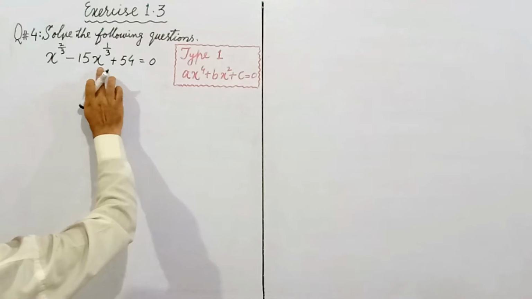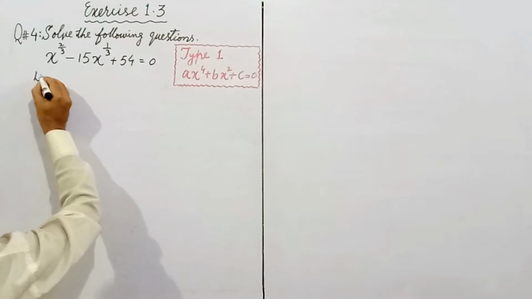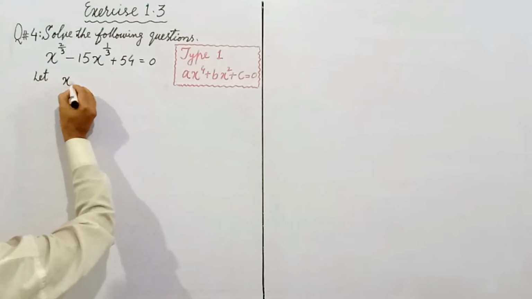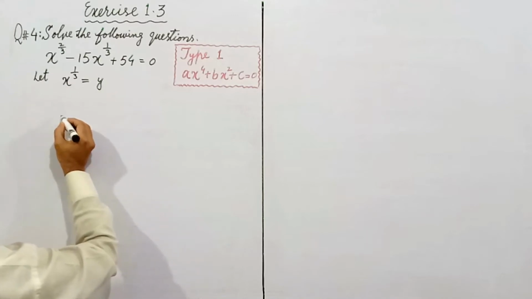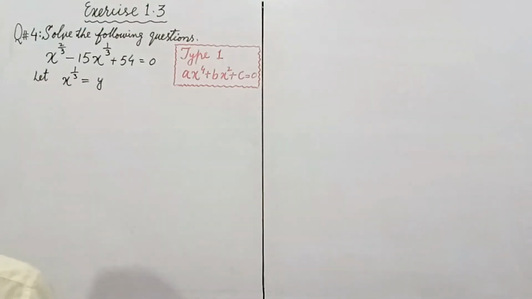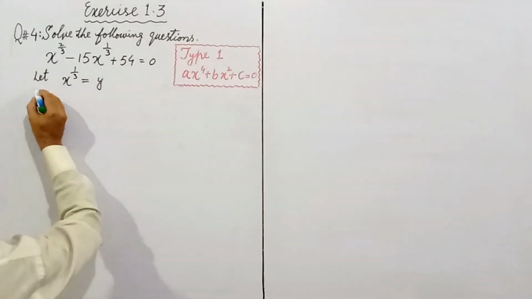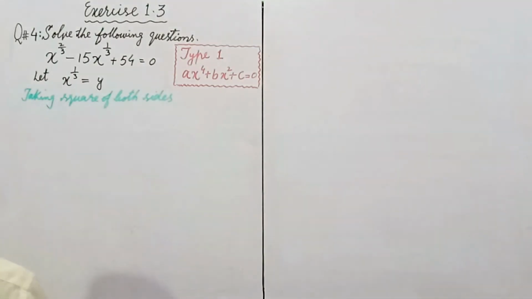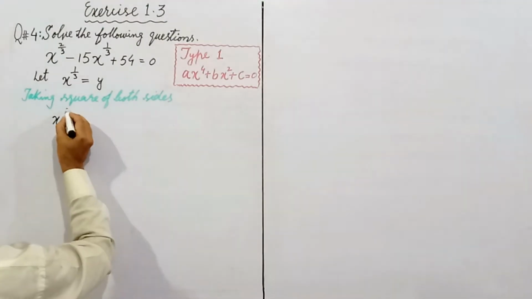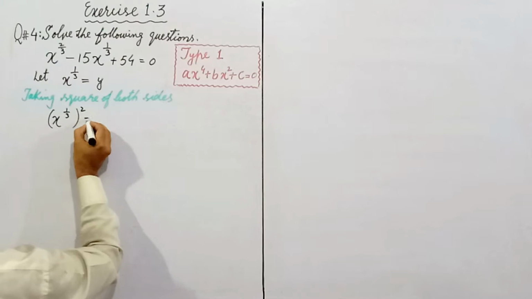In the first step, we let x raised to power 1 over 3 be equal to y. Taking square of both sides, we have x raised to power 1 over 3 whole square is equal to y square.